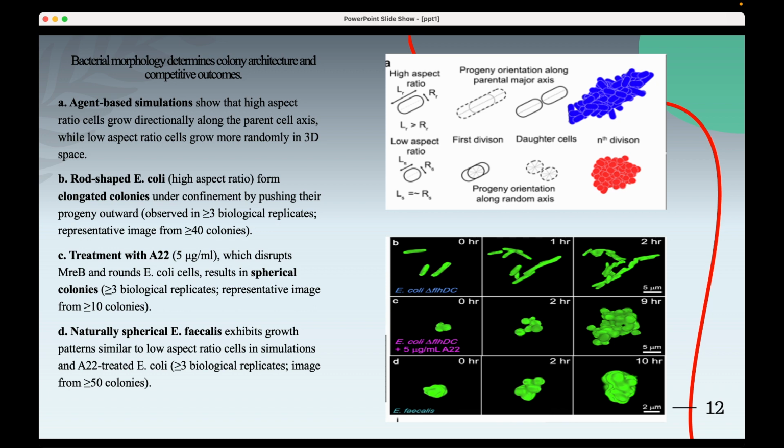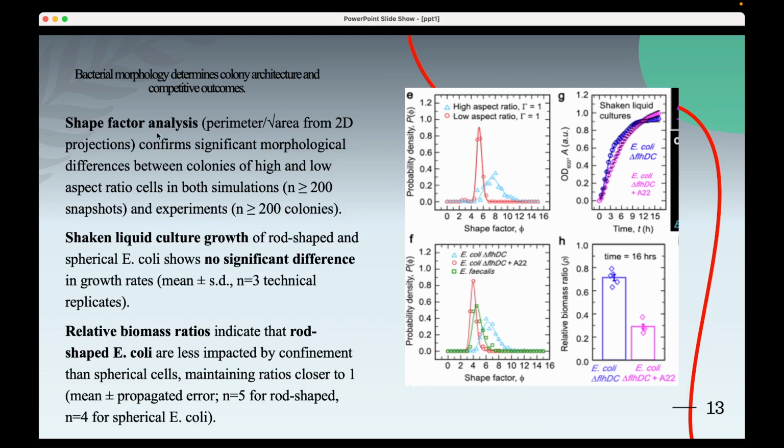D. Naturally spherical E. faecalis exhibits growth patterns similar to low aspect ratio cells in simulations, and A22-treated E. coli. Next, a factor analysis confirms significant morphological differences between colonies of high and low aspect ratio cells in both simulations.